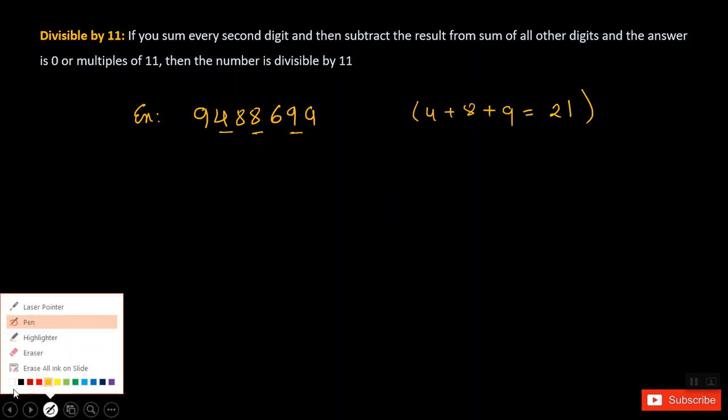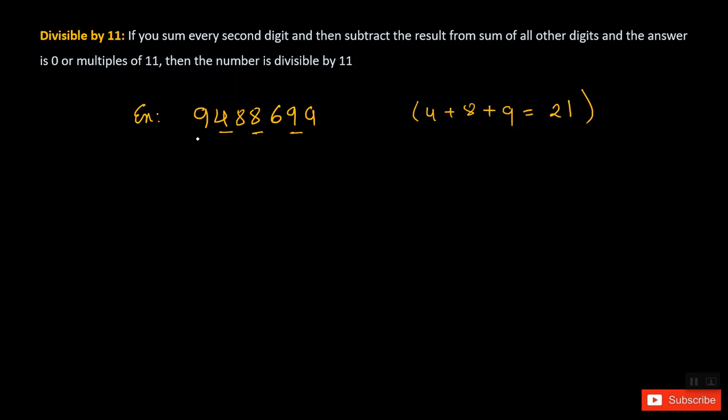What are the digits left? 9, 8, 6, 9. So 9 plus 8 plus 6 plus 9 adds up to 32. You have to take the difference between these. You can take 32 minus 21, or 21 minus 32.